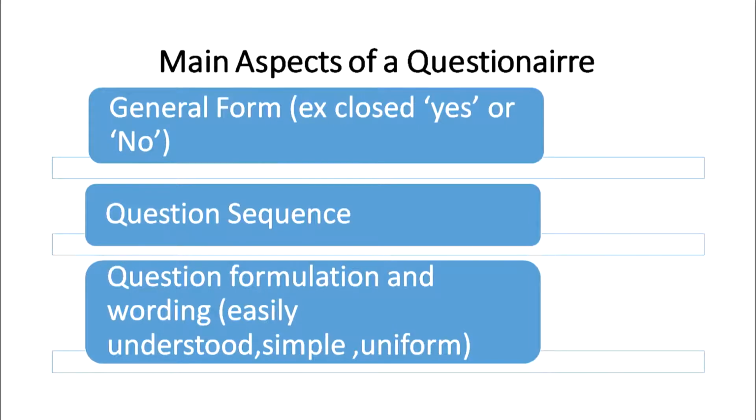Then the second aspect of a questionnaire is the question sequence. What kind of sequence the questionnaire follows, whether it is sequenced in a very good sequential manner. For example, all the questions follow from the previous one, so it has a specific sequence. The third aspect is the question formulation and wording. It should be easily understood, simple and uniform.